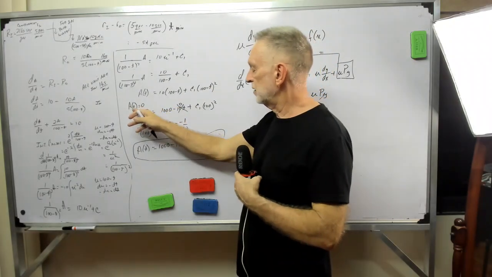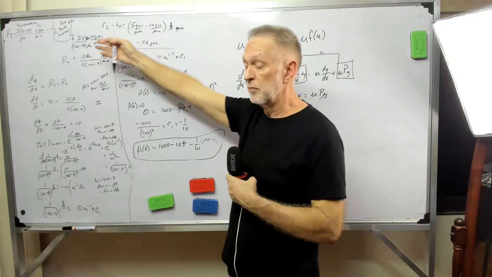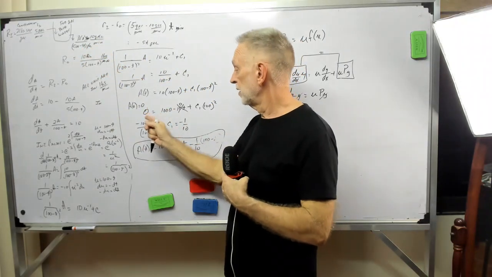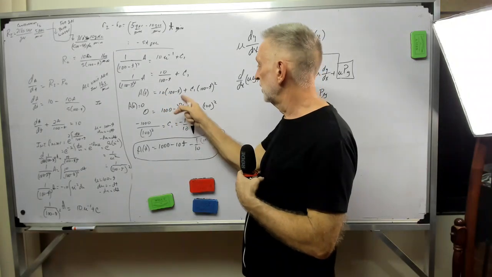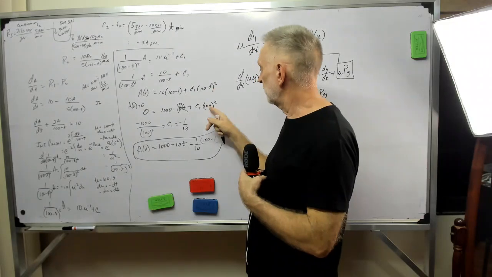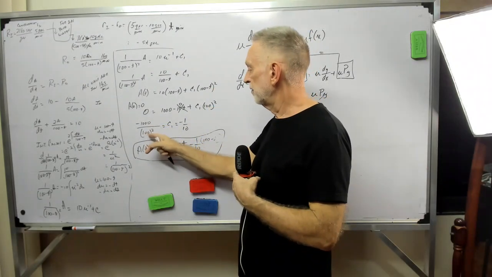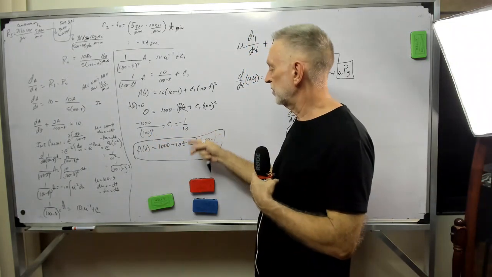But when t was 0, remember the amount of salt in my tank was 0 because it was pure water. So 0 equals, and I multiply the 10 through, and obviously t is 0. So I end up with minus 1,000 divided by 100 squared equals c1, which is minus 1/10.